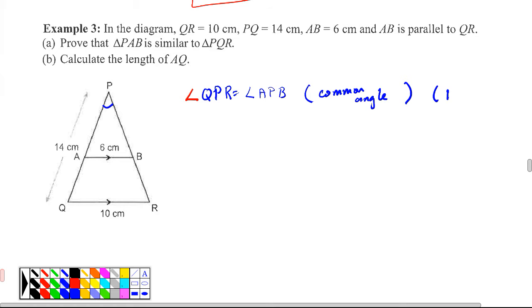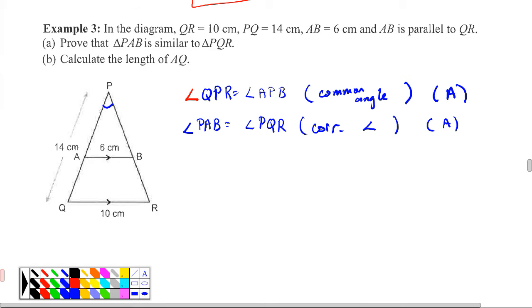This is the first A. Is there another one that is the same? Angle PAB and PQR. What's the reason? Corresponding angle.